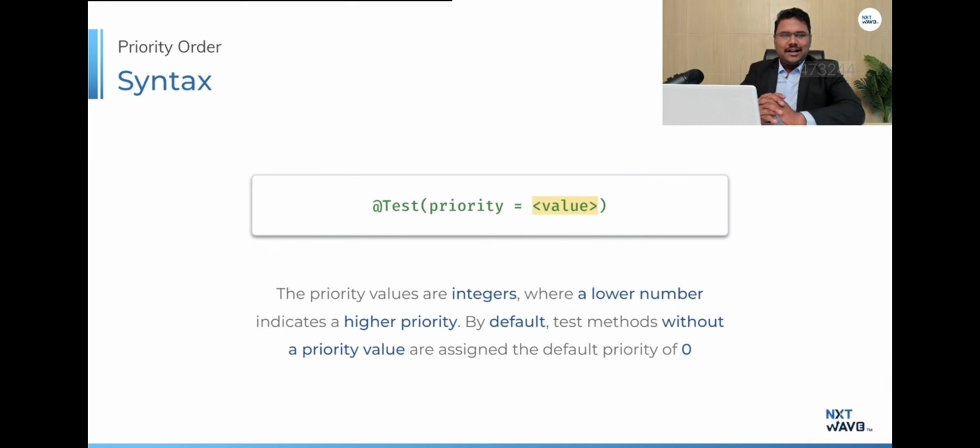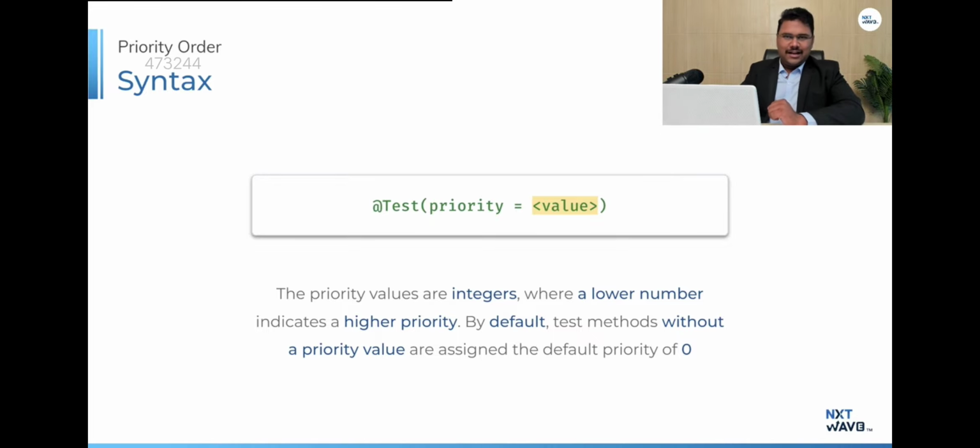So fundamentally, the test methods with lower priority values are executed before the ones with higher priority values. The test methods with the same priority are executed in the order that they are written. By default, if you don't mention any priority value, test methods are assigned a default priority of 0, and the value 0 is the lowest of all the possibilities, right?